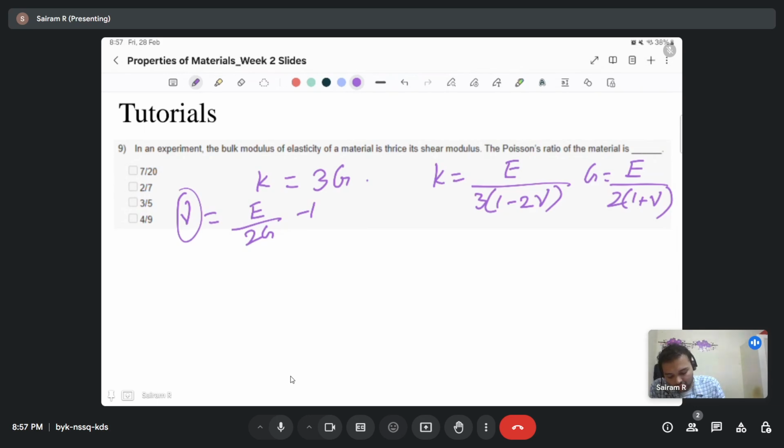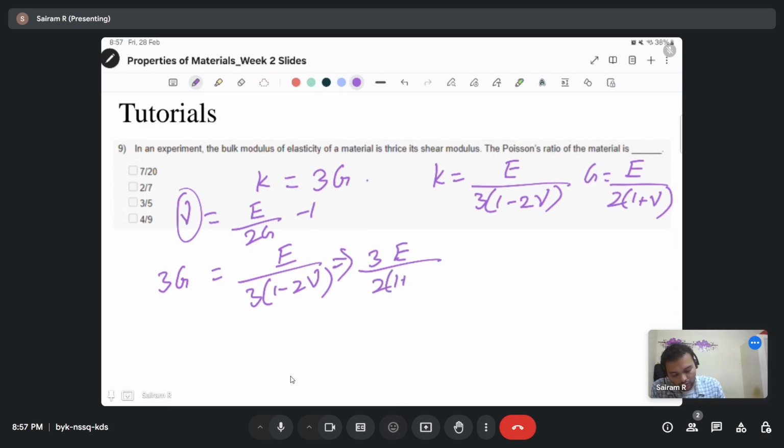Let's just use this equation. K equals 3G, so 3G equals E by 3 into 1 minus 2 nu. We know that G is E by 2 into 1 plus nu, so we'll apply that as well. 3E by 2 into 1 plus nu equals E by 3 into 1 minus 2 nu. So E gets cancelled, 3 3s are 9.